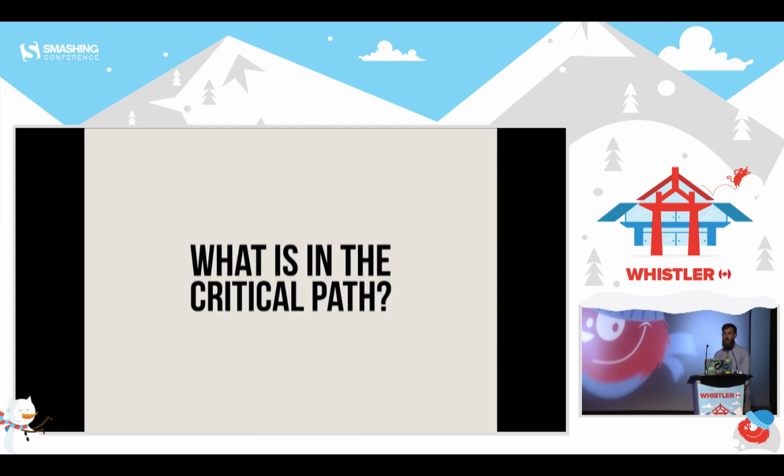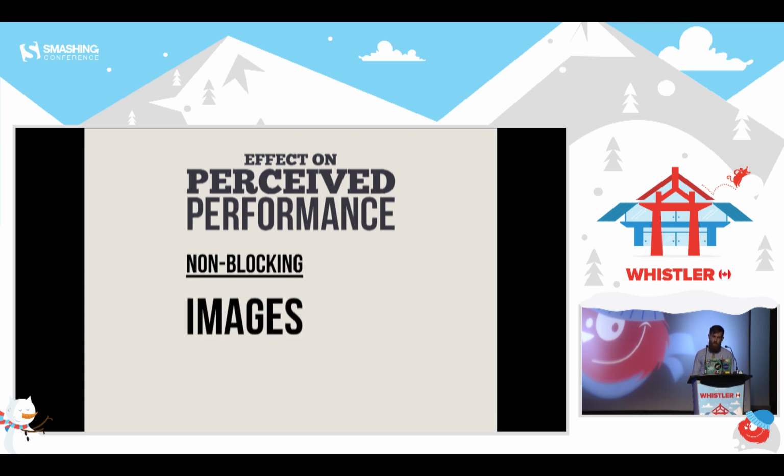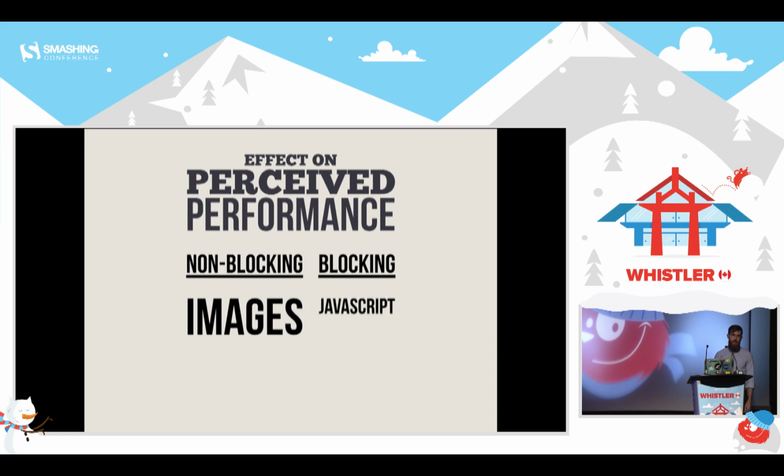We need to think about what is in our critical path and how our assets have an effect on our perceived performance. So for example, when it comes to non-blocking assets, images, right? The least intrusive of assets we can include on our pages. And when we consider blocking assets on our pages, the big one is JavaScript, parsing and loading, especially if you use client-side templating.